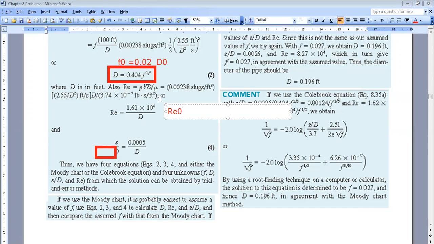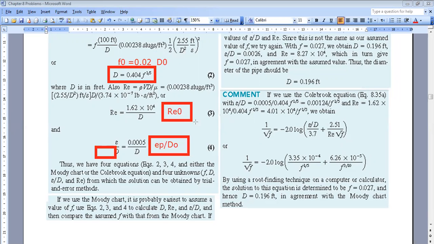So now, once you have Reynolds and you have D0, if you replace D0 here, you can get epsilon over D0. Now, to verify if your assumption is right or not, since you assumed F, you should now find the new value of F. So now I have a Reynolds number. I have a certain value for epsilon over D. I go to my Moody chart.